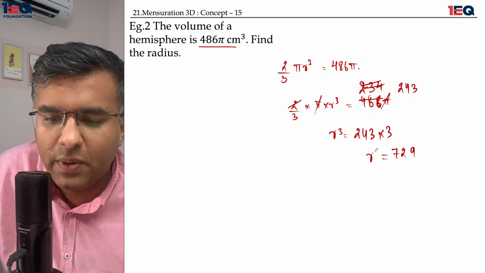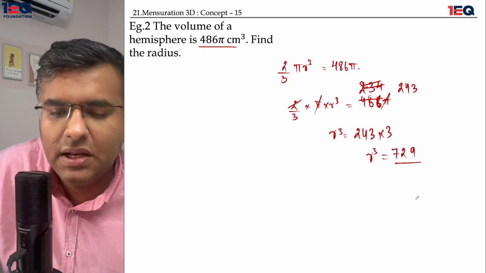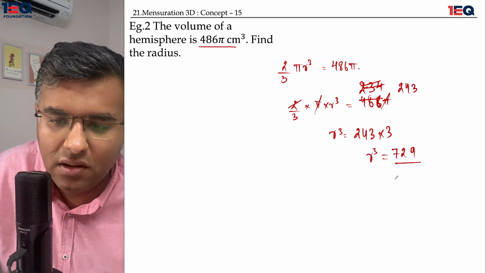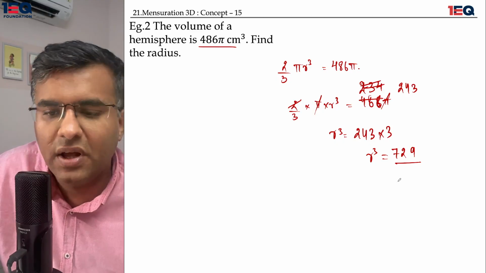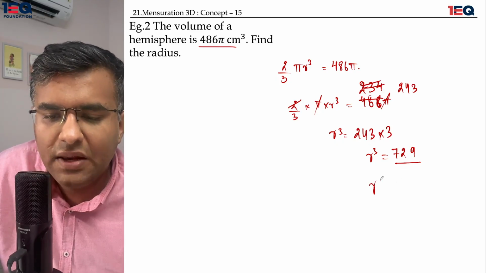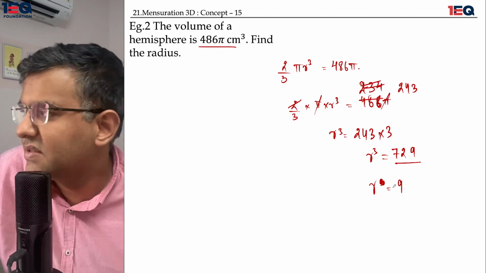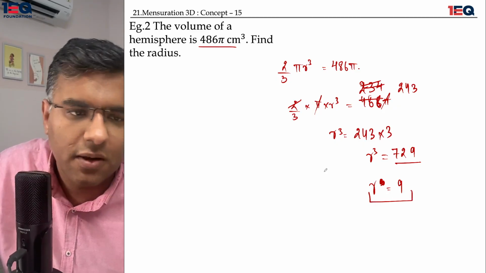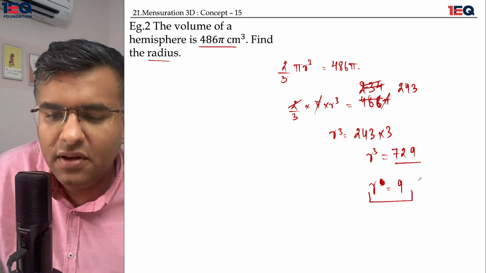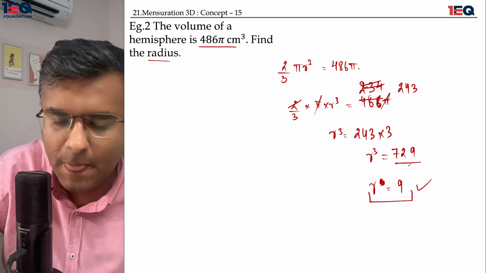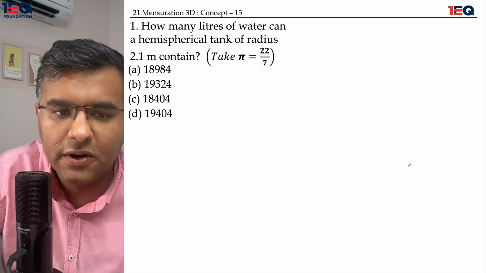This is 729. 729 is basically the cube of 9, because 81 into 9 is 729. So the value of r cube is nothing but 9 cube, or the value of r is nothing but 9. We had to find out the radius, and we found the radius. Good enough? Let's go ahead.